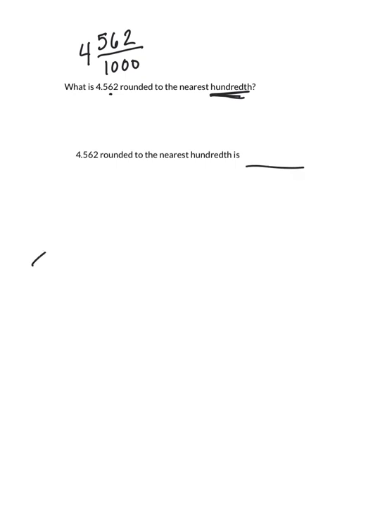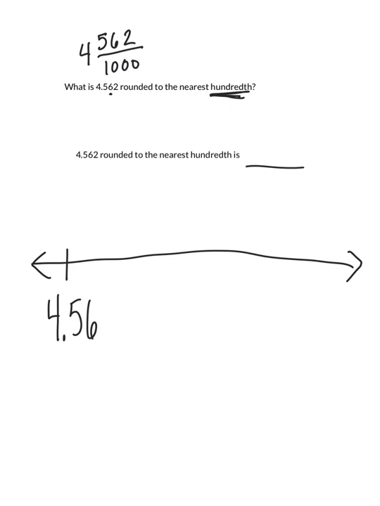All right, let's get our number line going. I'm rounding to the nearest hundredth place. So I need to locate the midpoint between 4 and 56 hundredths and 4 and 57 hundredths. I can either round up or down to these two locations.